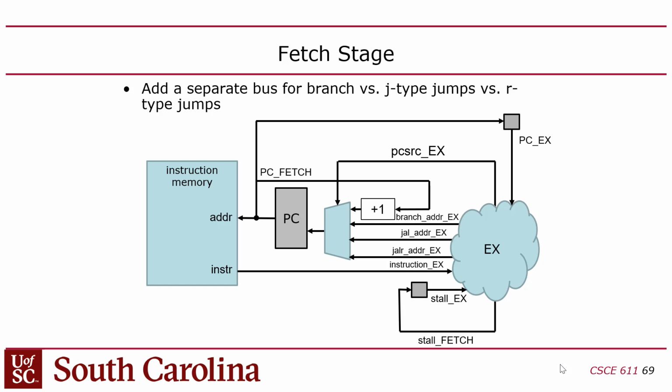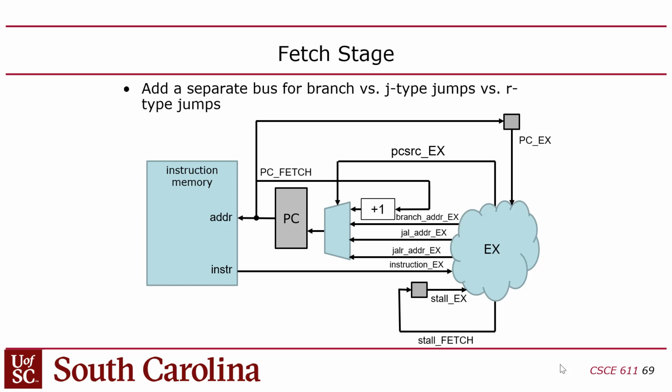So we struggled with this for a while in this class, trying to figure out how to get around this. And the solution we came up with is to allow the next instruction to be fetched, but have a bit that will cancel it. We call that bit the stall signal. So what happens is that the control unit will put a stall fetch signal out, which means this is a stall corresponding to whatever instruction is in fetch.